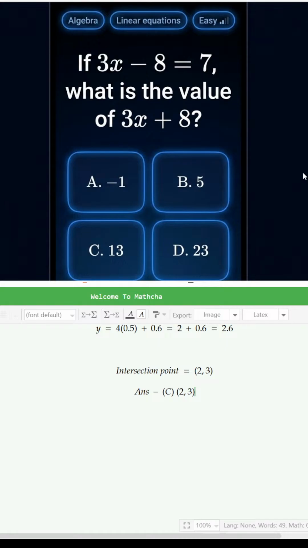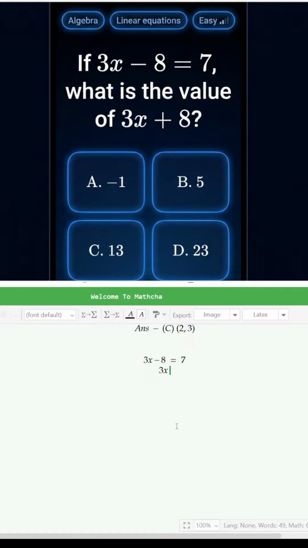In this question we are told that 3x minus 8 is 7. So what is the value of 3x plus 8? This is a simple, straightforward question. Let us write the given expression: 3x minus 8 is 7. Now we are told to find 3x plus 8.